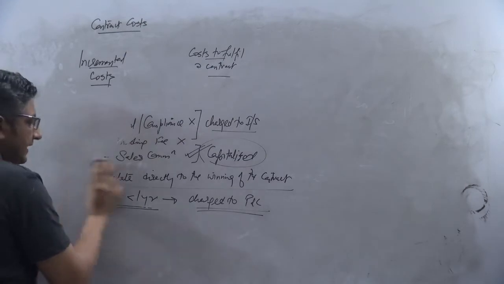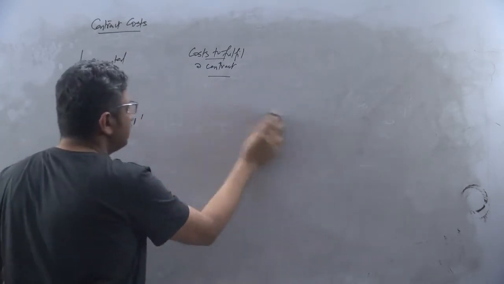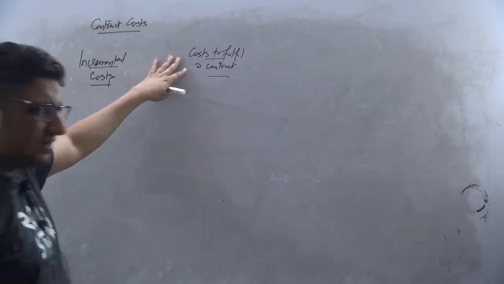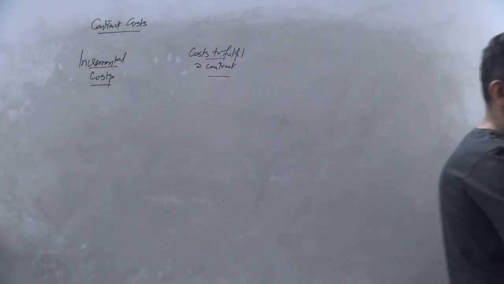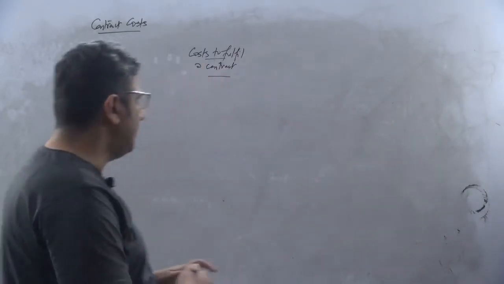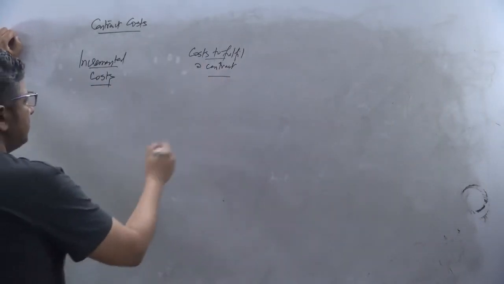Okay. The other equation comes to the cost to fulfill a contract. Now, what are the costs to fulfill a contract? Let's say I'm an IT company, let's say I'm Accenture, for example.